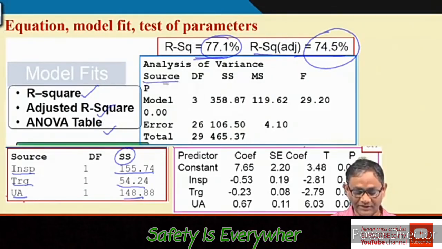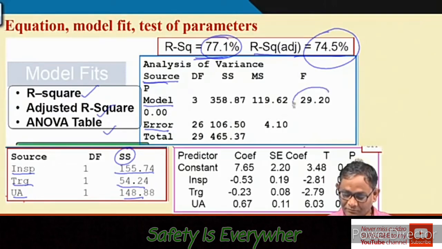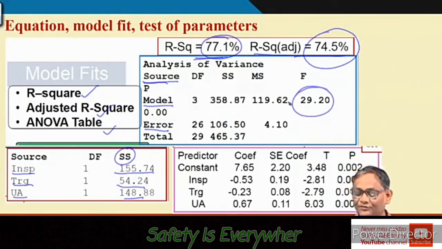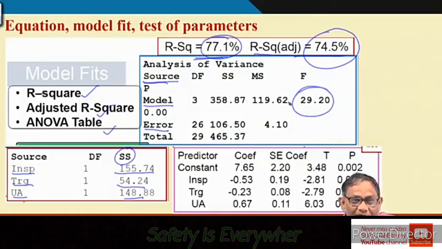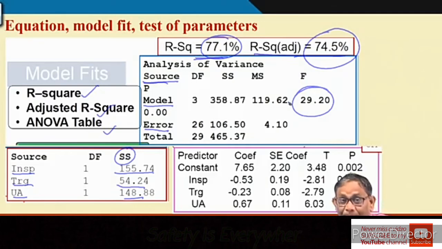Another one is the ANOVA table, having the source of variation. The sources are model and error, these two. For the model, your F value is 29.20. It is basically a hypothesis test of whether all the independent variables are insignificant, that is, not contributing to the prediction or explanation of the NOIM, the y variable, or not. Okay.